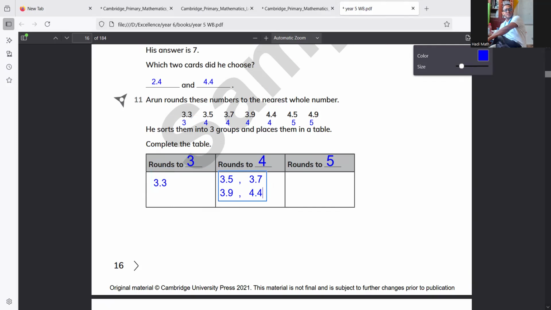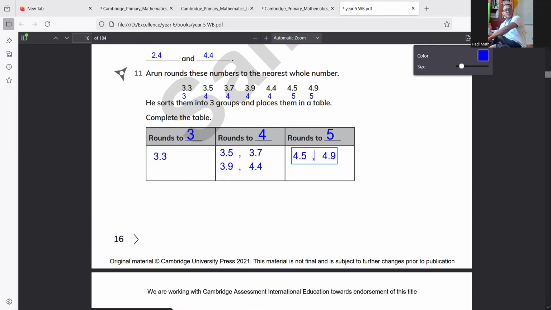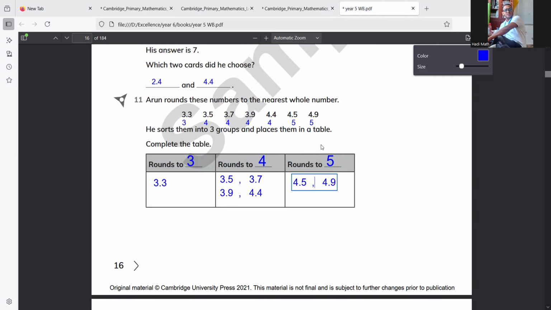Those that round to 5, go and write them here, which is 4.5 and 4.9. And that's it. This is the end of exercise 1, 2, and thank you.